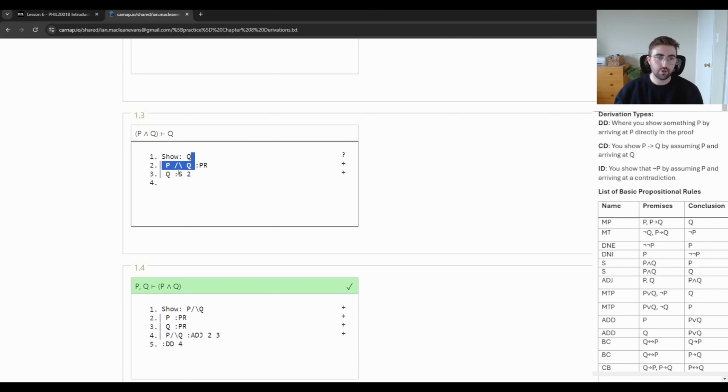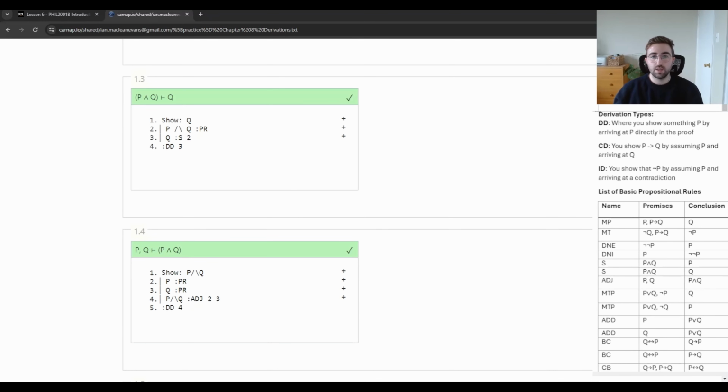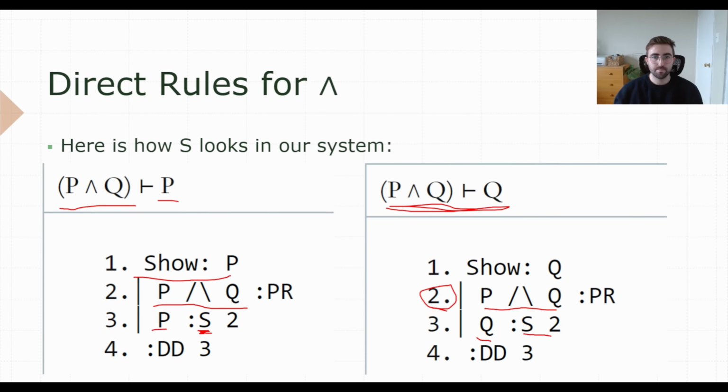Great, we got what we wanted to show. We wanted Q, we got Q. So we can close our direct derivation on line 3. There you go. Okay, let's continue with some more rules. At the end, I will show you how to combine these rules in proofs in a couple practice examples.